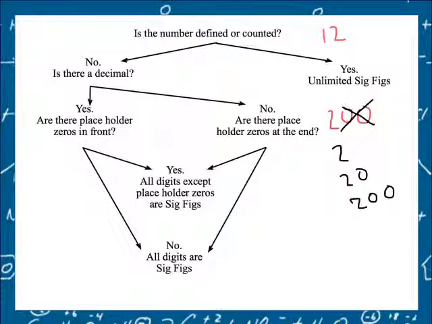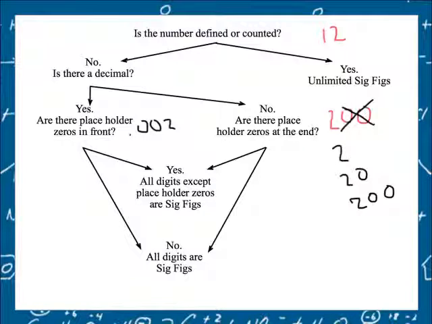Coming back over to our flow chart, is there a decimal? Yes. Are there placeholders in front of it? For instance, these would be placeholders in front. If there are placeholders in the front, again, all digits except the placeholders are significant. If there are not, just like before, all the digits are significant.